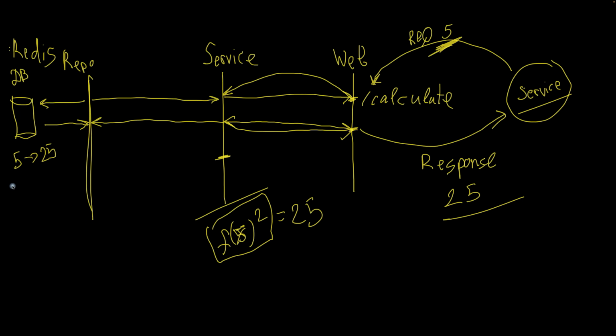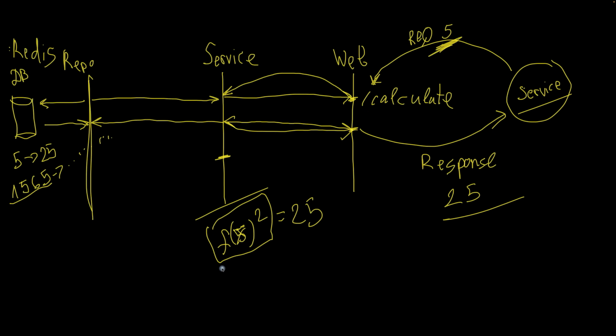For really big numbers, for example this number, we can say the result is something. And they call us with this input.